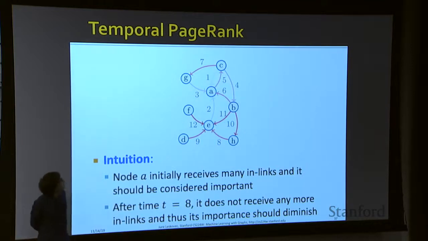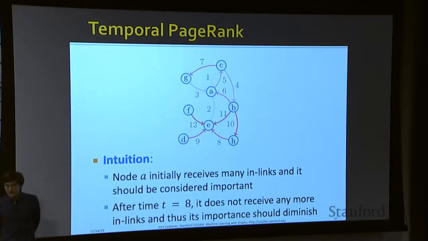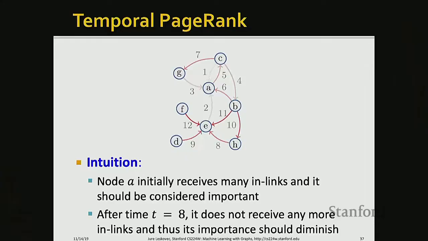So now what I would like to do next is to talk about generalization of PageRank, right? So the idea now will be the following. Imagine again I have some temporal network. Then what I'd like to do is model how the PageRank of a given node changes over time, right?